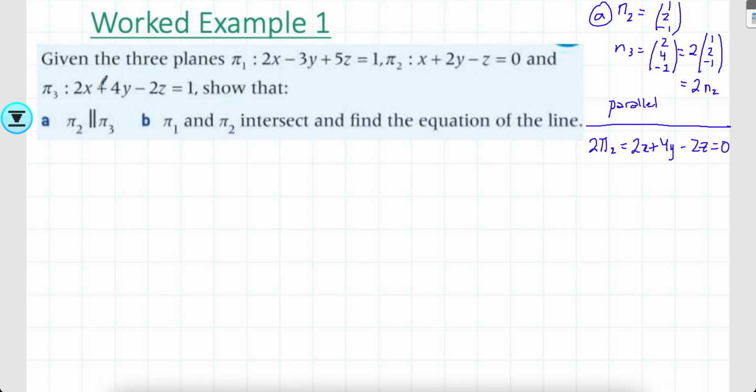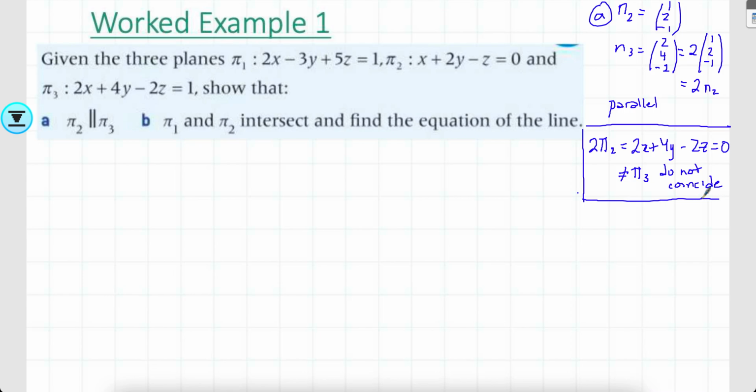This is close to the third plane, except that on the other side it's not 0. So it's not equal to the third plane, so they do not coincide. They're not the same plane, they're just parallel. So that's completely how you show that they are only parallel.